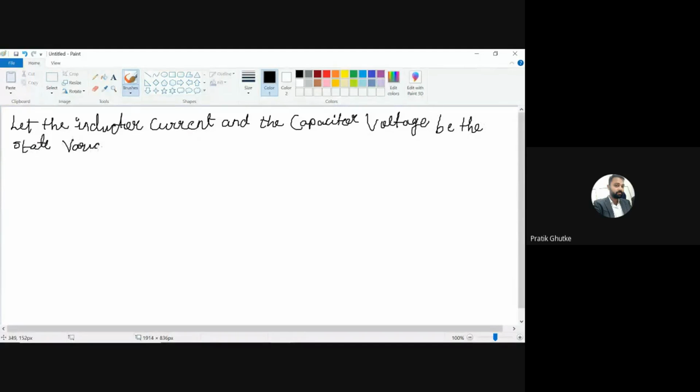So what I have assumed here, the inductor current and the capacitor voltage be our state variables.